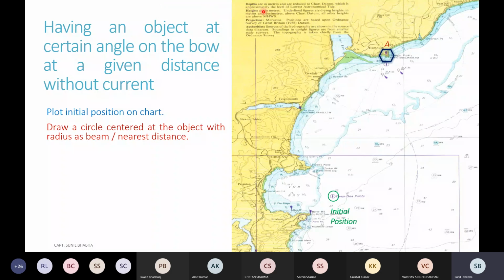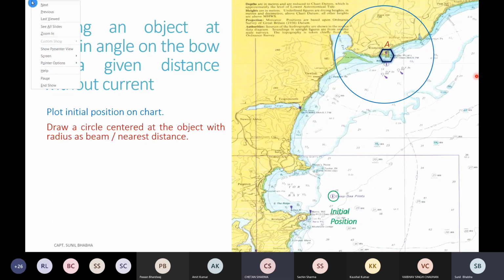Okay, so drawing a circle centered at our object, that is the straight point lighthouse, with radius equal to the beam distance or nearest distance on the chart now. So you can see the circle on the chart.